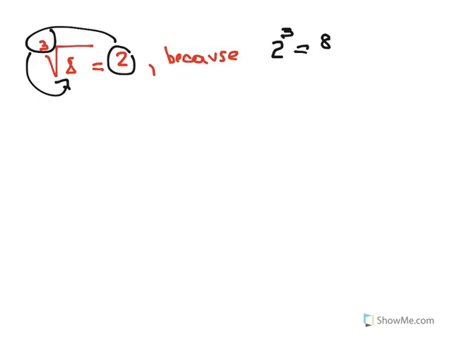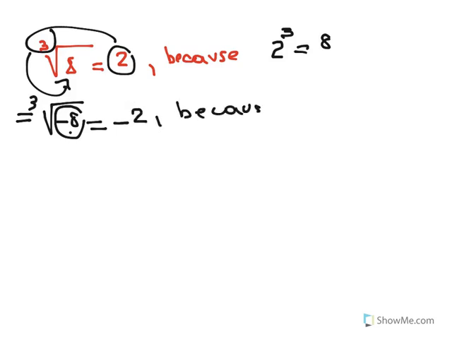Okay, now if I have the cube root of negative 8, this is different than when I have the square root, right? I cannot have a square root of negative numbers, but I definitely can have the cube root of a negative number. The cube root of negative 8 is negative 2, because we all know that negative 2 to the third is negative 8.